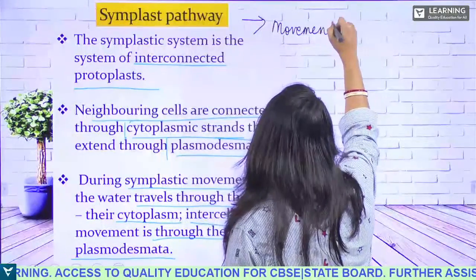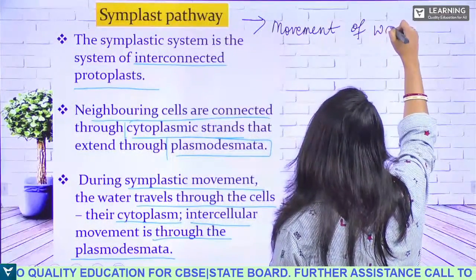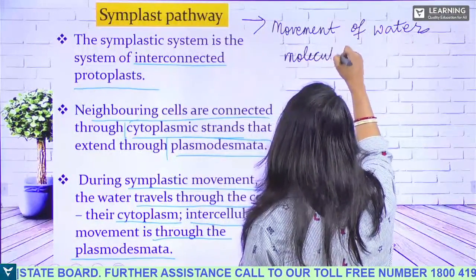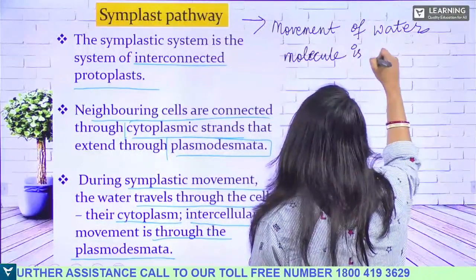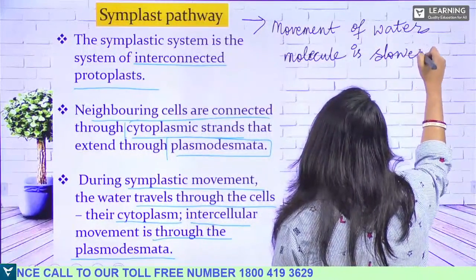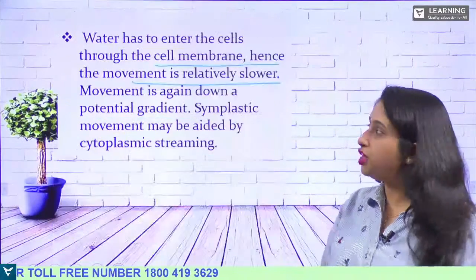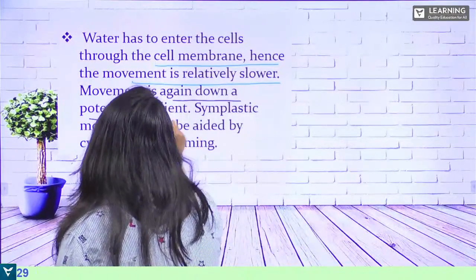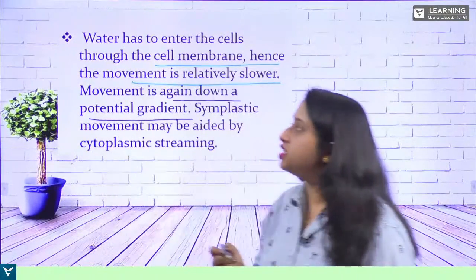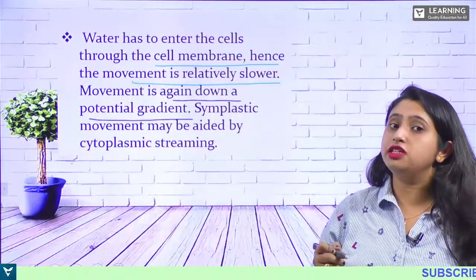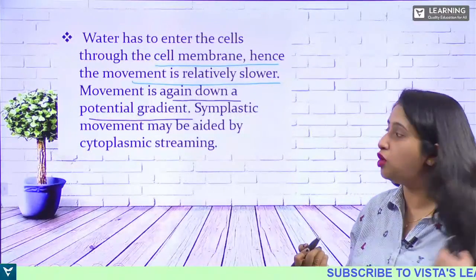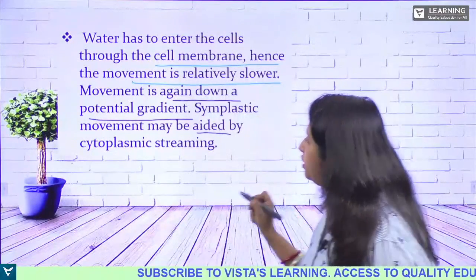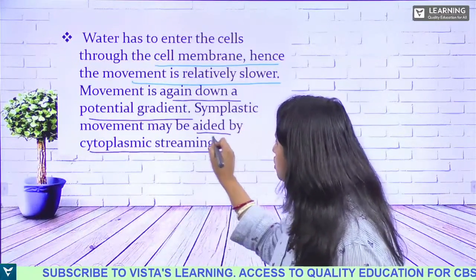The movement is again down a potential gradient, so the potential gradient is also responsible for this. And symplastic movement may be aided by cytoplasmic streaming.